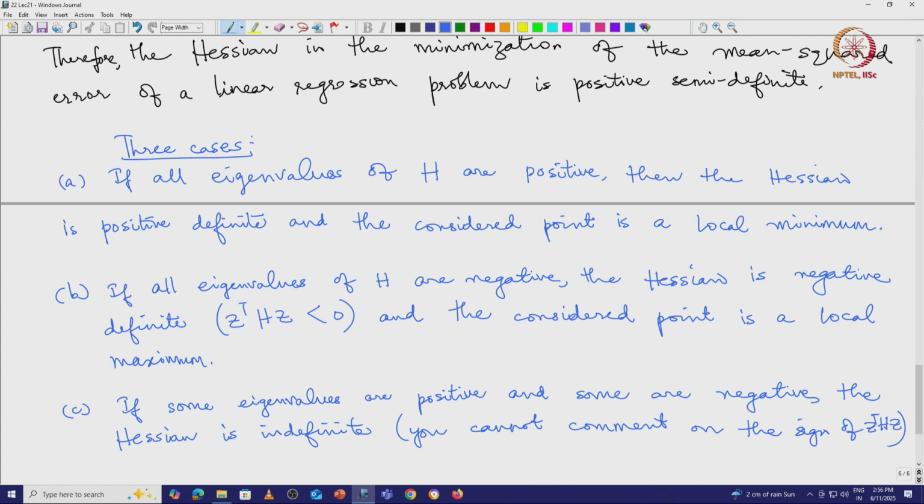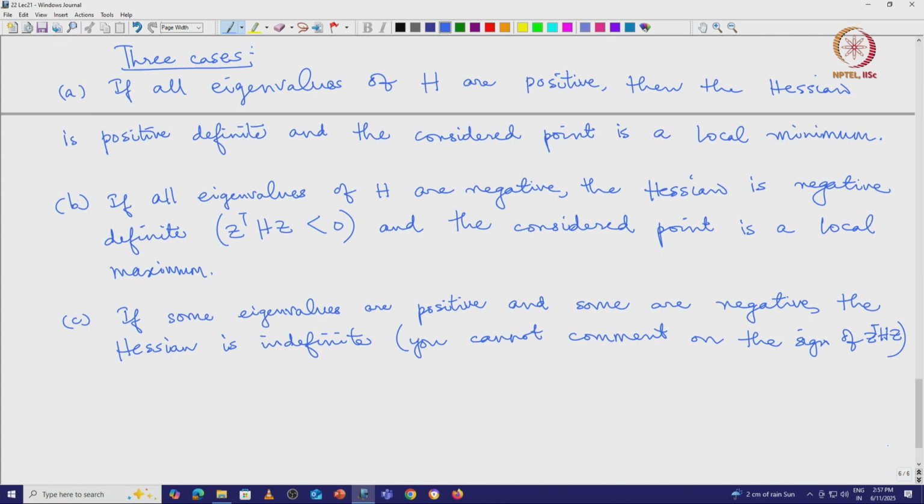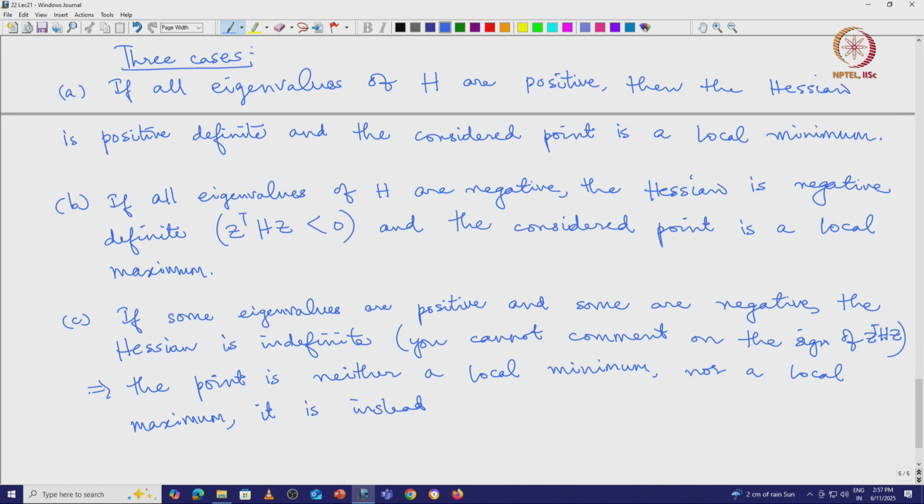It can be positive, negative, 0. So, the point is neither a local minimum nor a local maximum. It is instead what is called a saddle point.